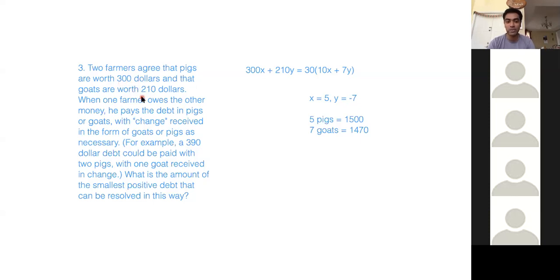So this is 30 times 10, this is 30 times 7. There will be some combination of pigs and goats that will get me down to this greatest common divisor, which is taking this factor that I took out and making the rest of this 1. So that's the smallest possible debt I can settle. I could always look at it in terms of these two values and find the GCD.